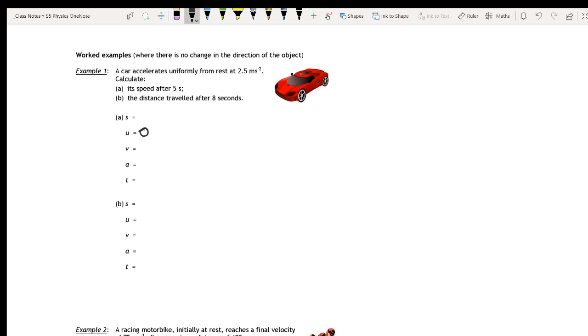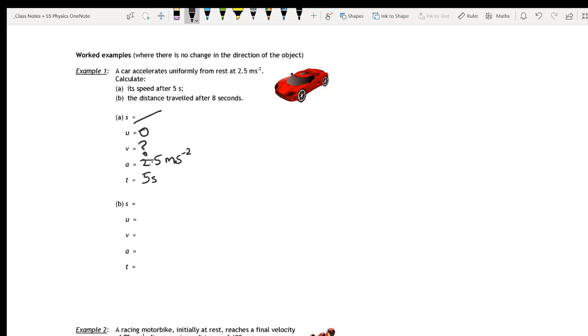For part A, it's asking us to calculate the speed after 5 seconds, so V is our question mark. It's what we want to find out. A is the acceleration, we're told is 2.5 meters per second squared. And the speed after 5 seconds, so our time is 5 seconds.